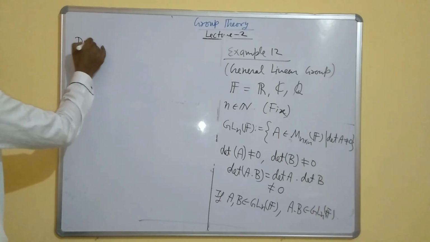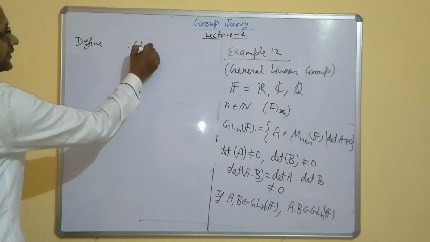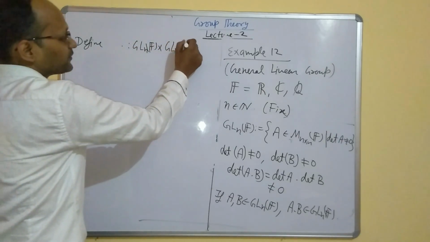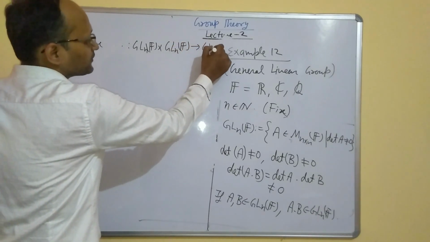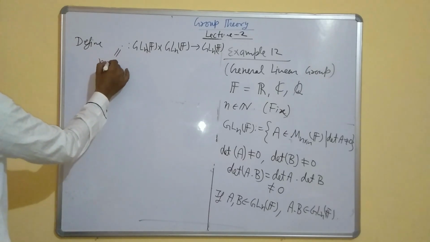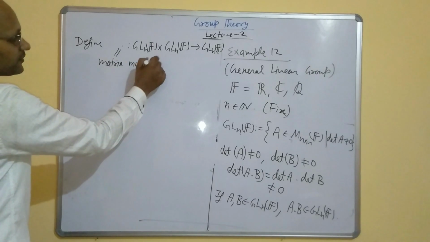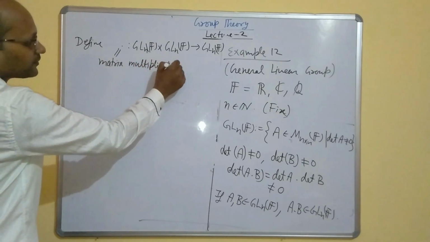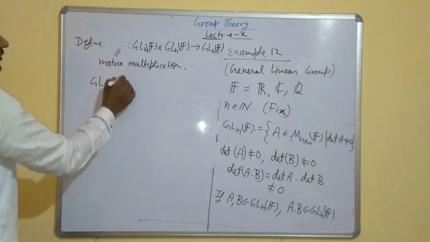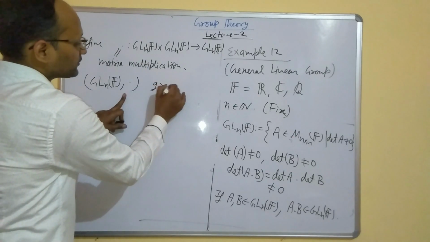So we can define the multiplication operation, a binary operation, dot from GL_n(F) cross GL_n(F) to GL_n(F), and that is the matrix multiplication. So GL_n(F) with respect to the matrix multiplication operation, this is a group.